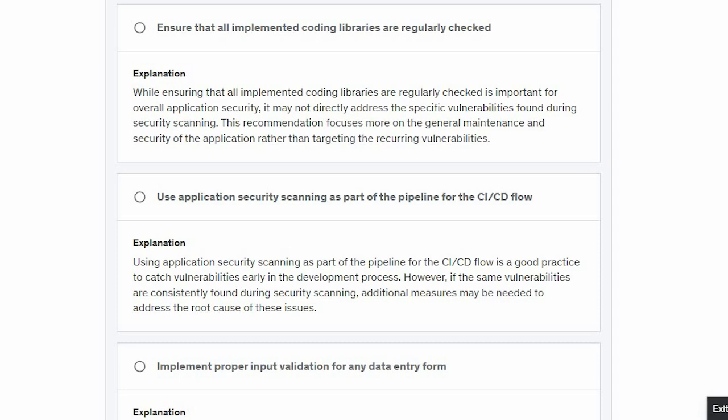This recommendation focuses more on the general maintenance and security of the application rather than targeting the recurring vulnerability. So it is not the correct answer for this scenario.